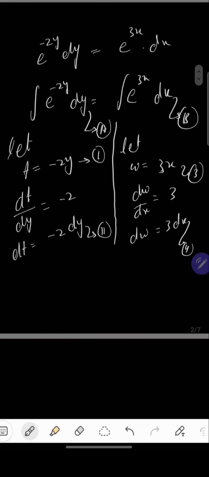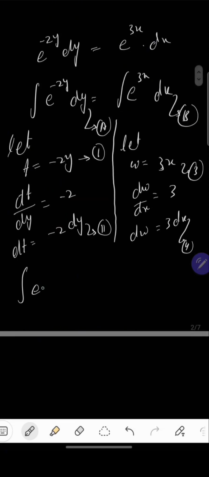Now we have to replace the power of e here by t, and here the power of e by w. So let's make the substitution in term a: minus 2y we replace by t, dy.